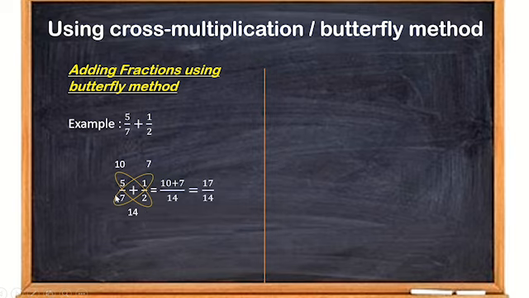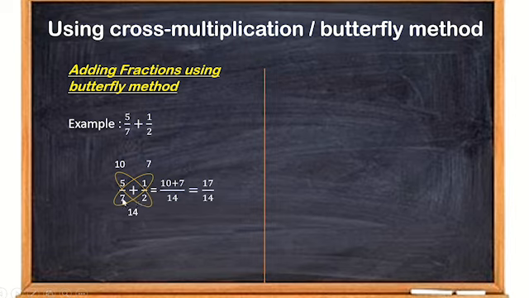So as given in the example here, 5 and 2 will be multiplied and the product is 10. And 7 and 1 is being multiplied and the product is 7. And these two products, 10 and 7, should be added in the numerator's place, and in the denominator's place we are just going to multiply the two denominators, that is 7 and 2.